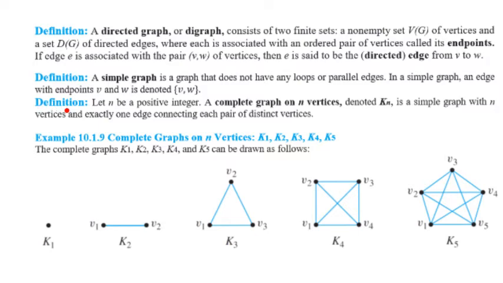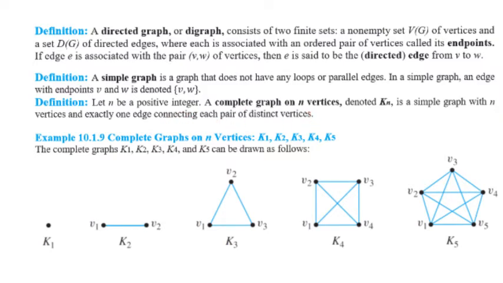So we see another definition here. This time we are going to define a complete graph. Let n be a positive integer, so it can be any number from 1, 2, 3, and greater. A complete graph on n vertices is denoted by K sub n and it is a simple graph with n vertices and exactly one edge connecting each pair of distinct vertices.